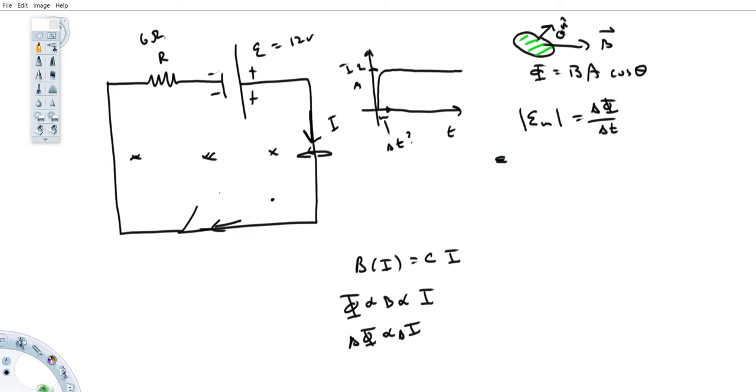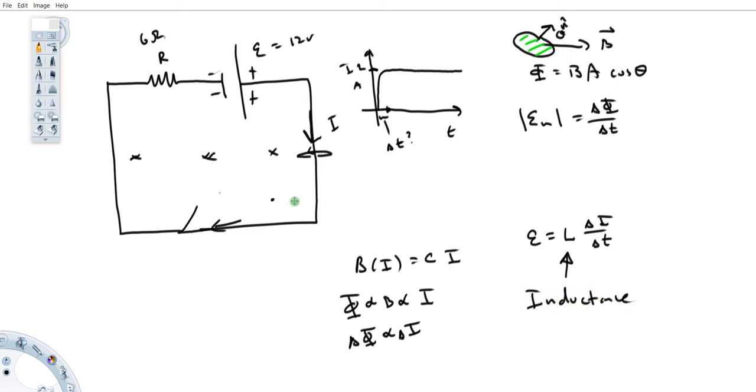And that voltage, by Faraday's law of induction, is the time rate of change in magnetic flux. That means that this voltage is going to be proportional to the rate that the current is changing. So it's going to equal some constant times delta I over delta T. This proportionality constant is called the inductance.